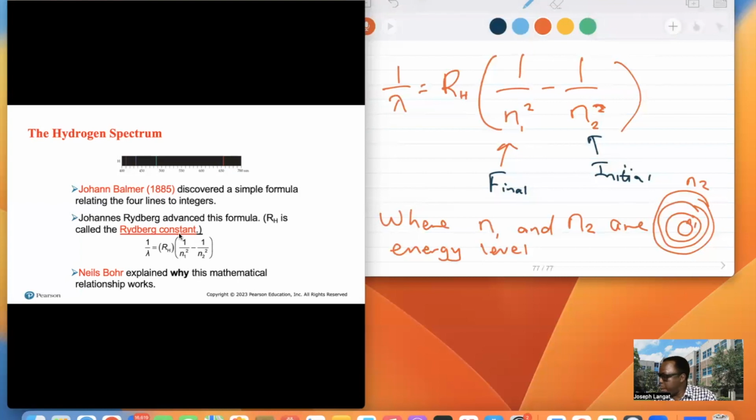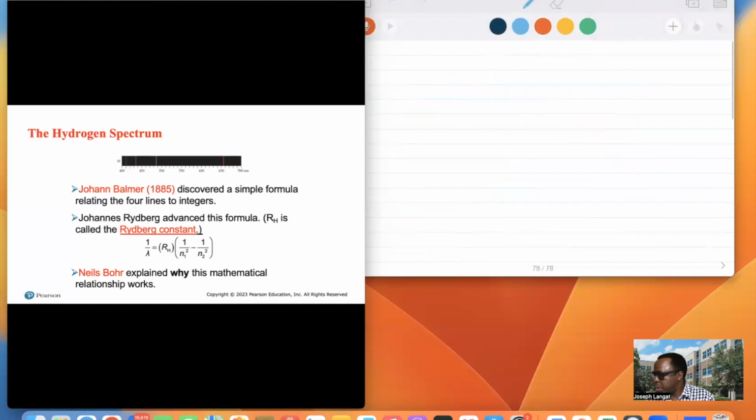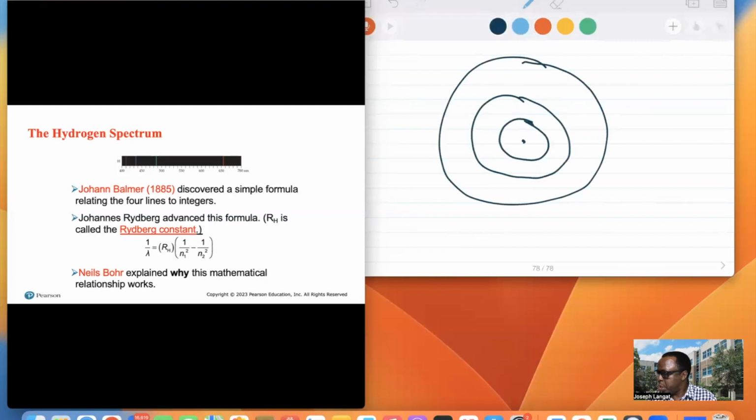If this is the nucleus, right there, and an electron is right here, and the electron interacts with light, let's say this is light right here, it will be promoted to a higher energy level.